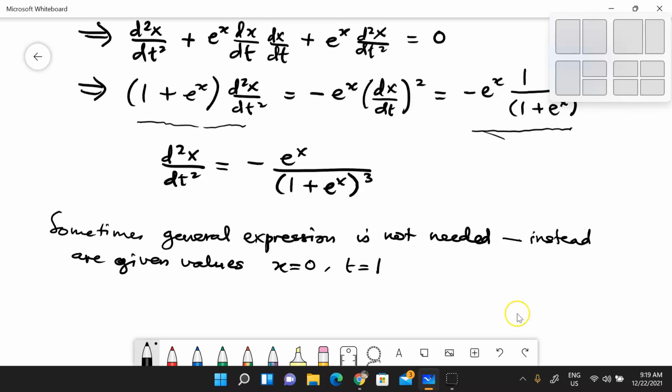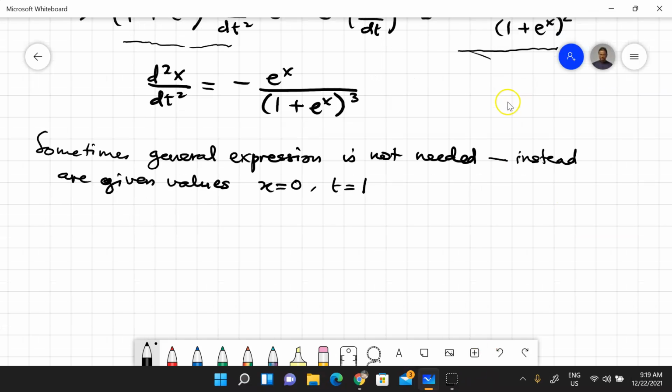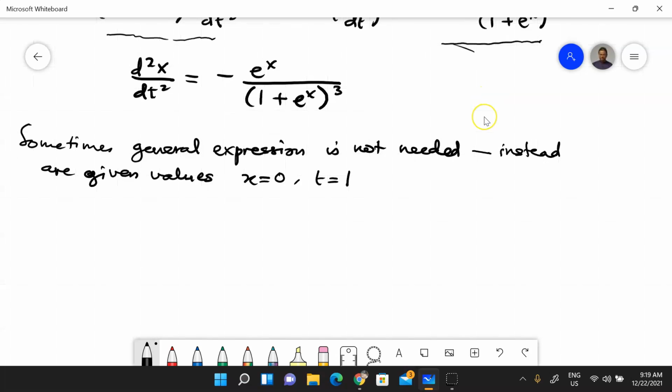So what do I have just now? It was dx/dt plus e to the x dx/dt equals 1. So I substitute x equals 0 in this particular term. Remember that you don't substitute x equals 0 in the derivative, because we do not know how dx/dt looks like.